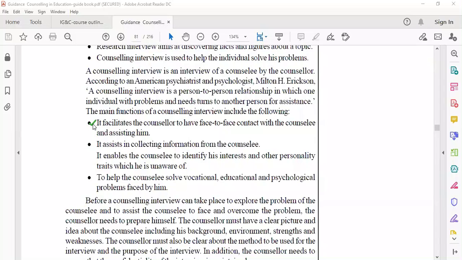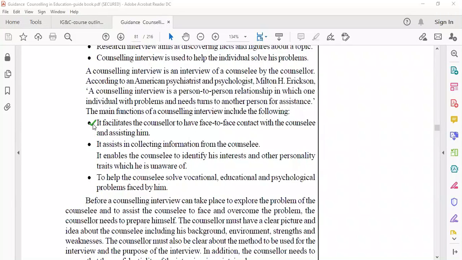But interview has a cutting edge over other types of data collection tools, because through interview, a teacher can collect subsidiary information as well. The teacher can read between the lines and get a lot of information. And likewise, as I've told you, there are three types of interviews that a teacher can conduct. It depends on the teacher. These interviews are a structured interview.